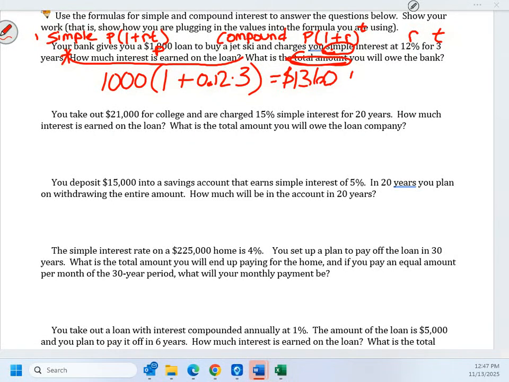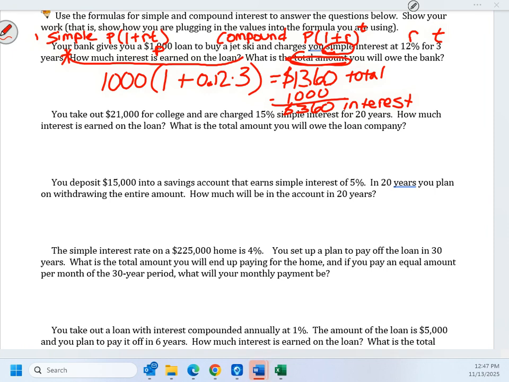So that is my total. I'm going to subtract the 1,000. I'm subtracting that principal. How much interest am I being charged, Clara? $360. $360 in interest. There are two questions in my problem. My answer has to have two answers.